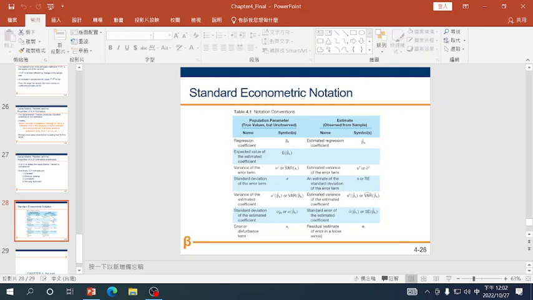And when you see a notation like this one, it's called an estimate. An estimate comes from samples, and the parameters usually are from the population. So you should pay close attention to the notation, in order to know which is from the population and which is from the sample.